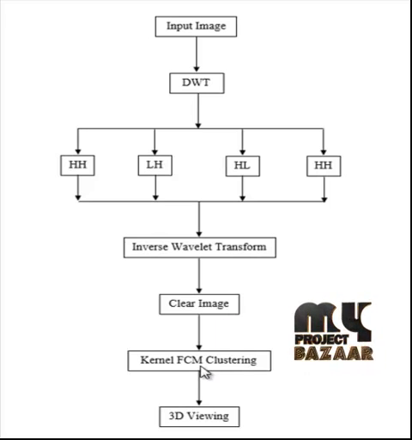After kernel FCM clustering, the images are represented in different colors, and each color denotes the image pixels that have similar intensities.